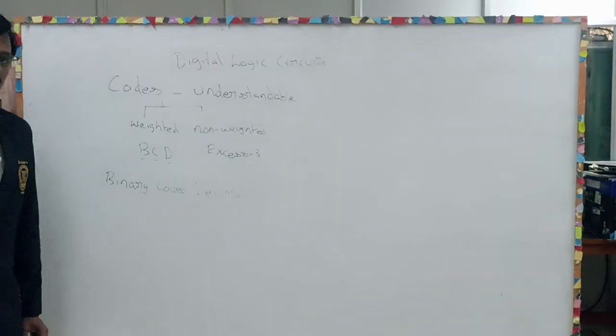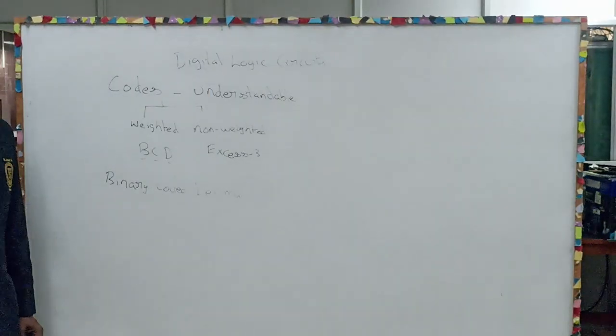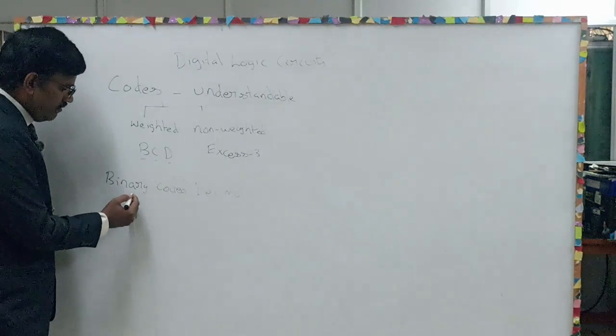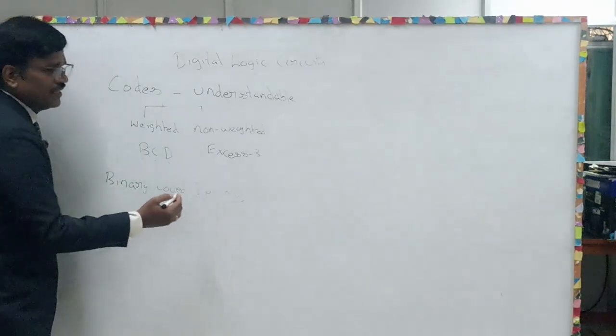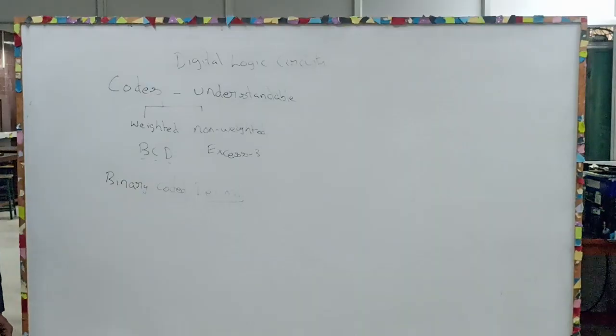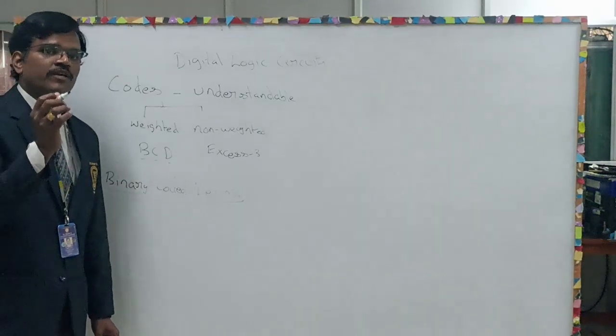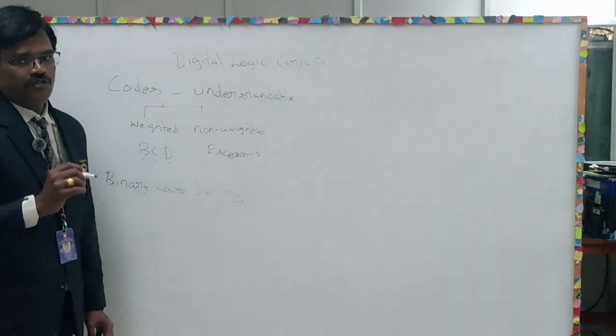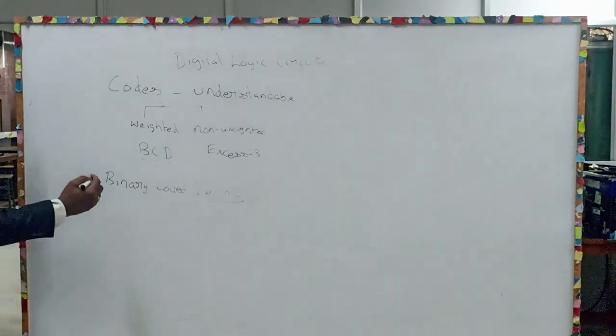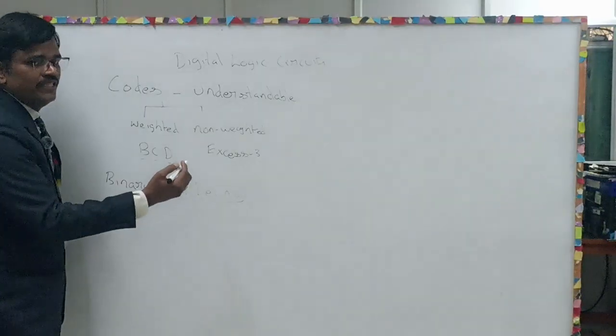So, we need an equivalent format in which the binary is given as a decimal, such that it is easy to understand for humans and adaptable for the computers or processors also. That is why we go for this binary coded decimal.